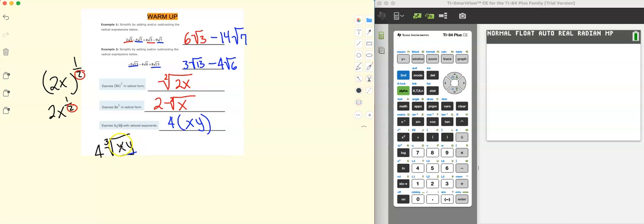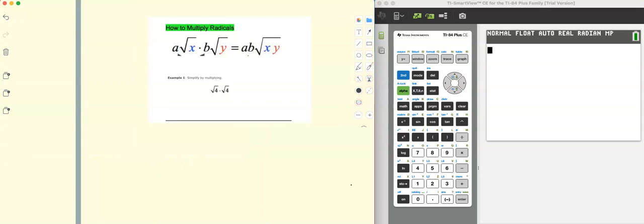Both of these are to the first power, so they're going to be raised to the 1/3 power, because this right here is now in our denominator and the exponent is 1, which goes in our numerator.